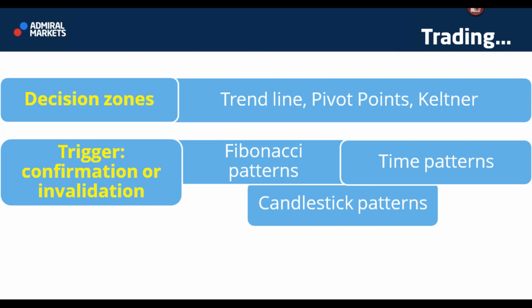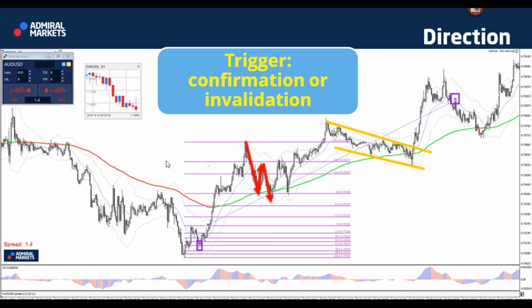For the decision zone, there are various things: I use Keltner, pivot points, trend lines. That's where I'm waiting for price to get back to. And then the trigger is typically a candlestick pattern for me, or a time pattern, or a Fibonacci pattern. So these are my main tools for analyzing the trading and the analysis.